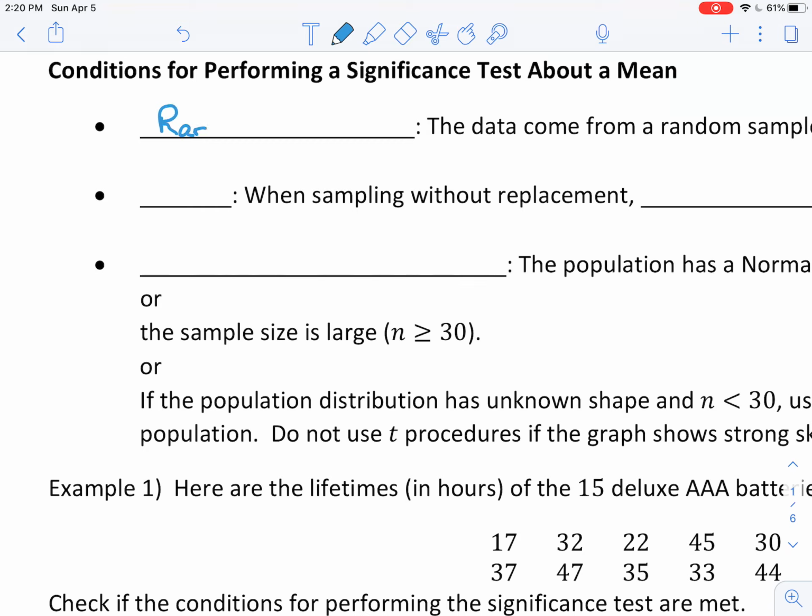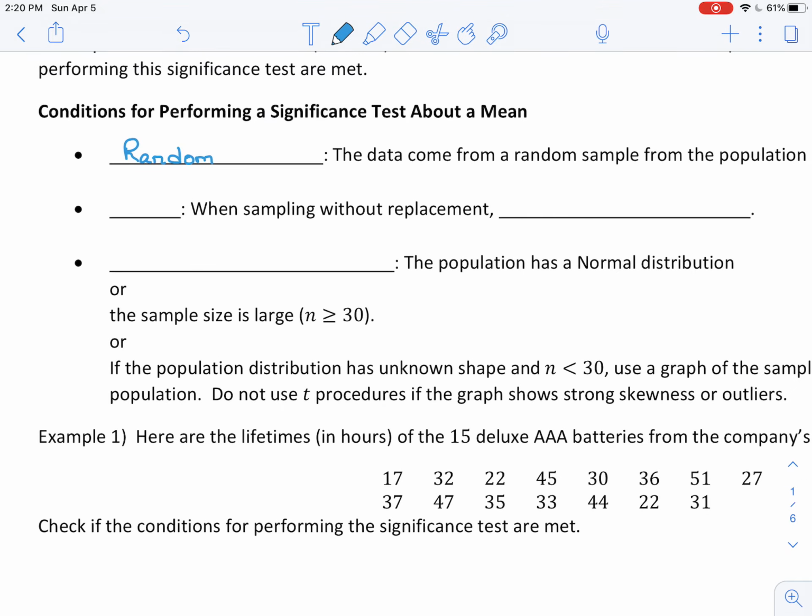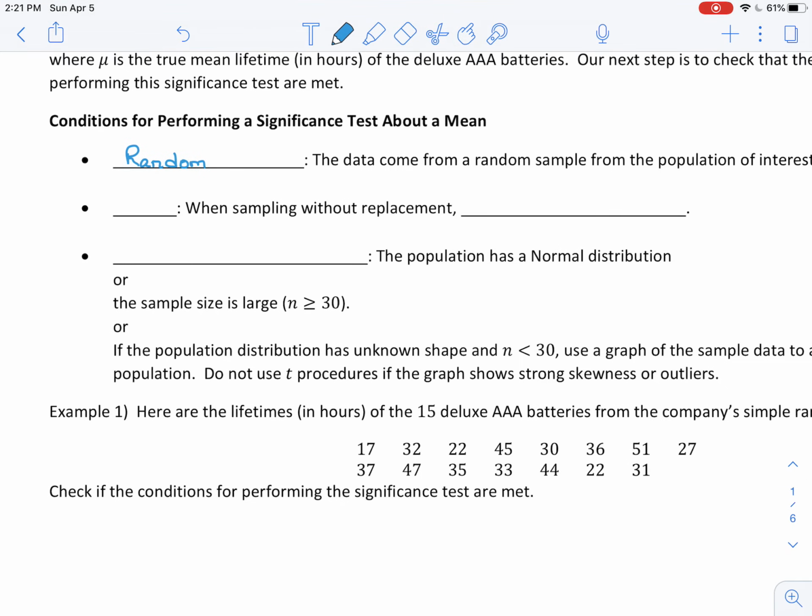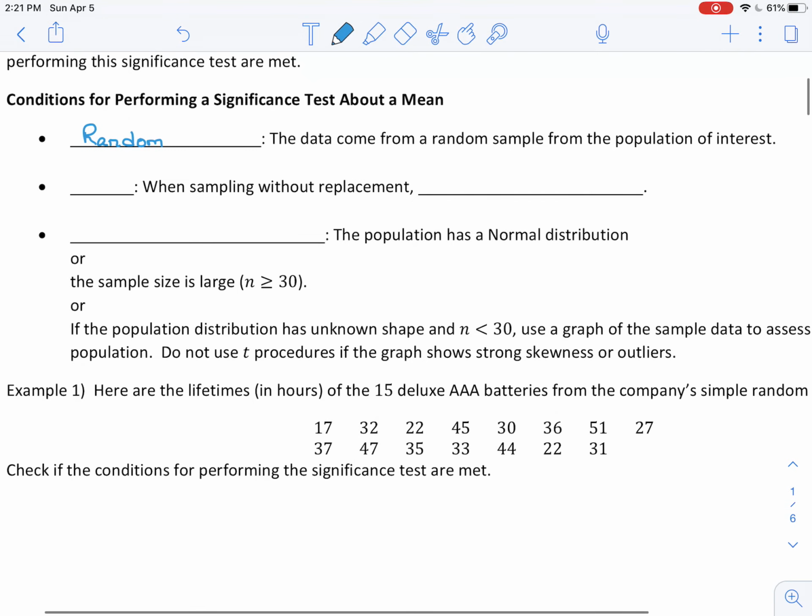You always have to check your conditions. Your conditions for performing a significance test about the mean are the same as your conditions for creating an interval for the population mean. First one is always your random condition. You cannot have inference about a bigger group without random. So the data has to come from a random sample from your population of interest.